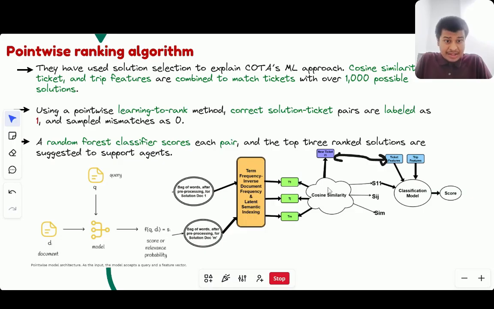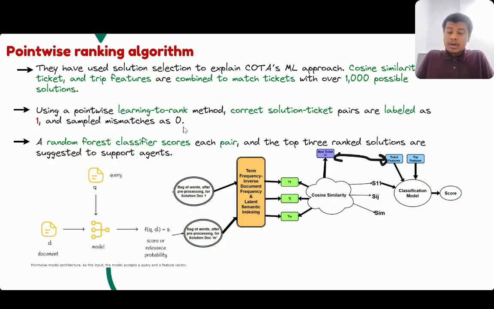The topic vector and the new ticket's vector are compared using cosine similarity, and we get the cosine similarity score in terms of a vector. That vector is used as an input along with the ticket features and trip features independently for each and every topic, for each and every document, and for each document there'll be a separate score. Whichever document has the highest score, that document and ticket pair will be labeled as one, and the others will be labeled as zero. With that, you get the topmost possible good solution document recommended. Fine.